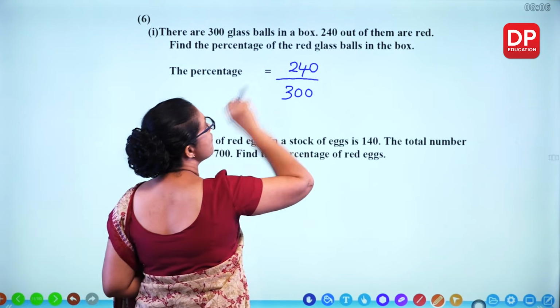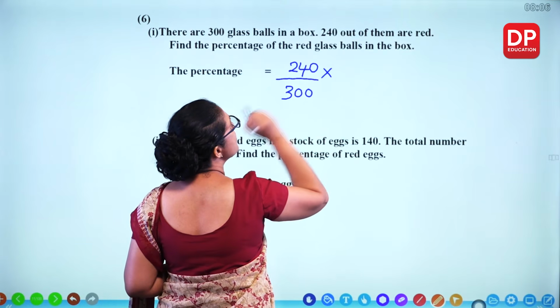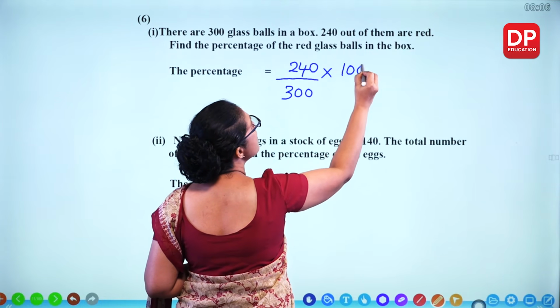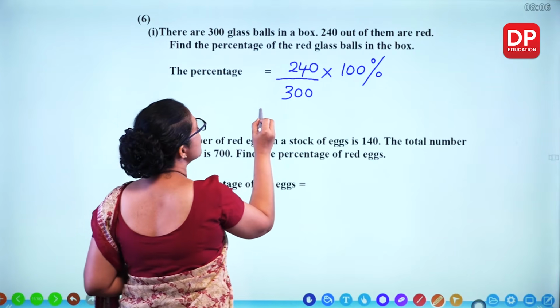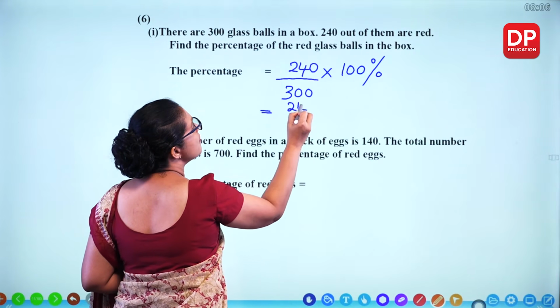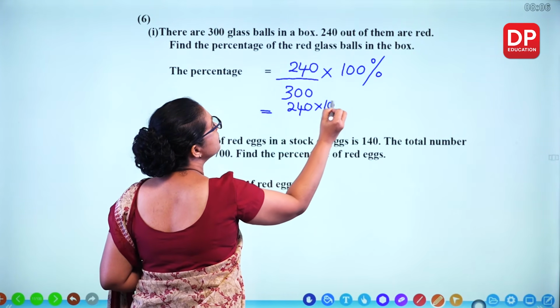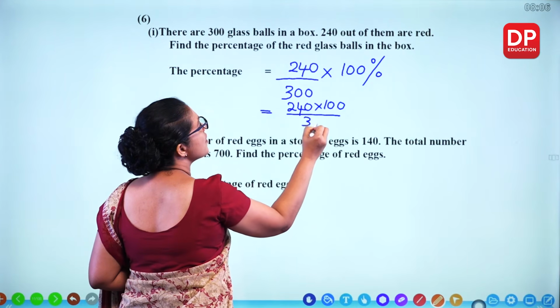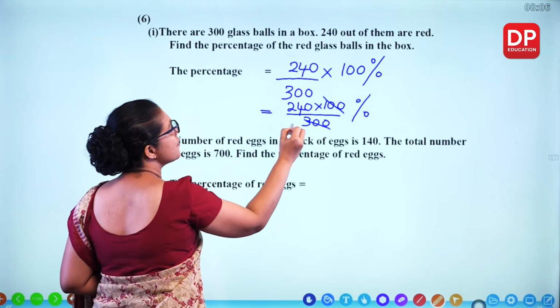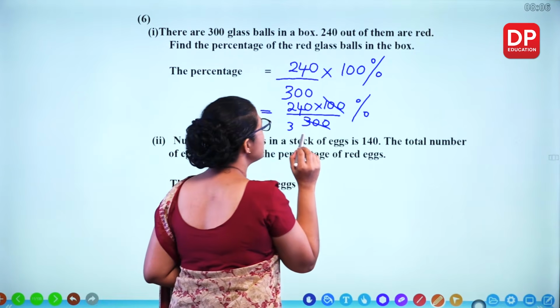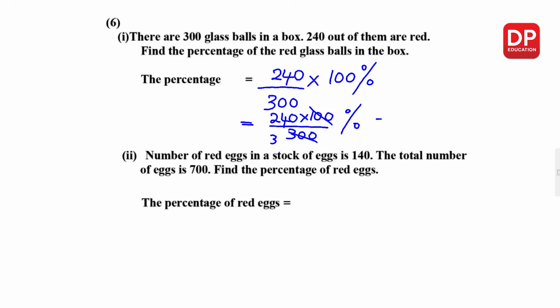This is the fraction. How do you convert to percentage? Multiply by 100 and divide by 100. So do the numerator separately and the denominator. So here I can write 100 times 3, 240 divided by 3, 80%.